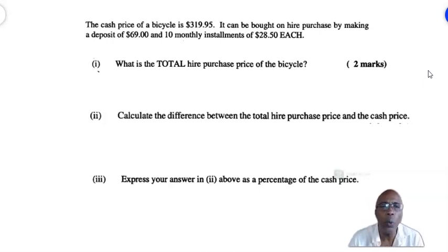So the first question, what is the total hire purchase price of the bicycle? That is the total amount you pay for the bicycle if you bought it on hire purchase.